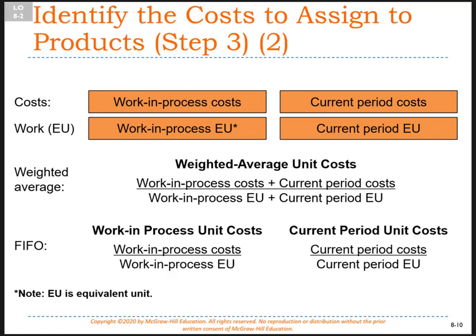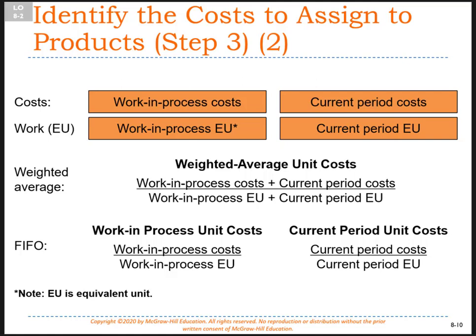To do that, we need to assign the cost of units. We know what happened with the physical units or the equivalent units, where they are. So if we're going to assign cost to that, we need to know what costs to assign and a per unit cost. So that's what we're trying to do.